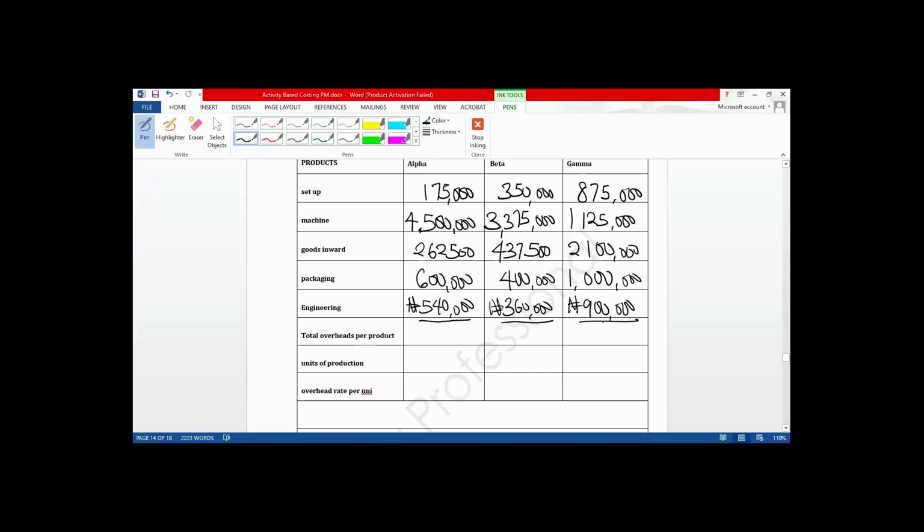For Alpha: 4,500,000 plus 262,500 plus the others, the first one is 5,537,500.